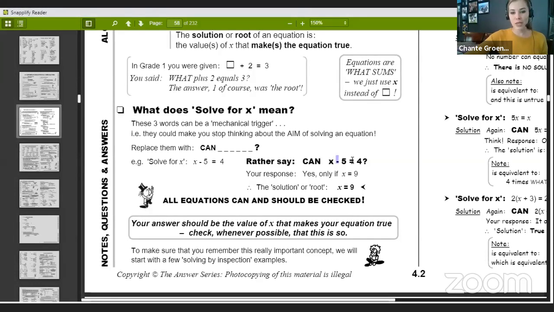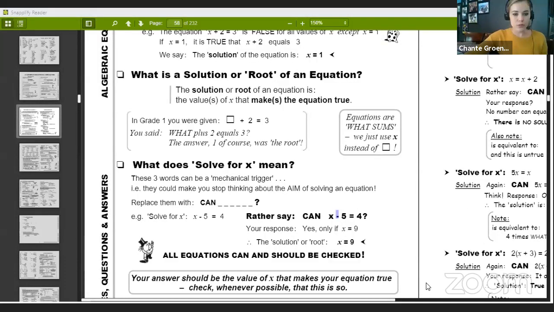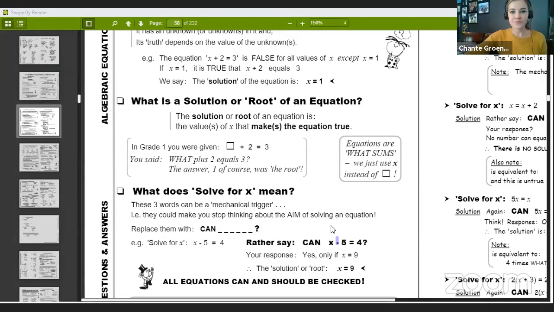So instead of saying it's a minus 5, it becomes a plus 5. So X is then equal to 4 plus 5. Are you all with me? Let's move on to our next page.